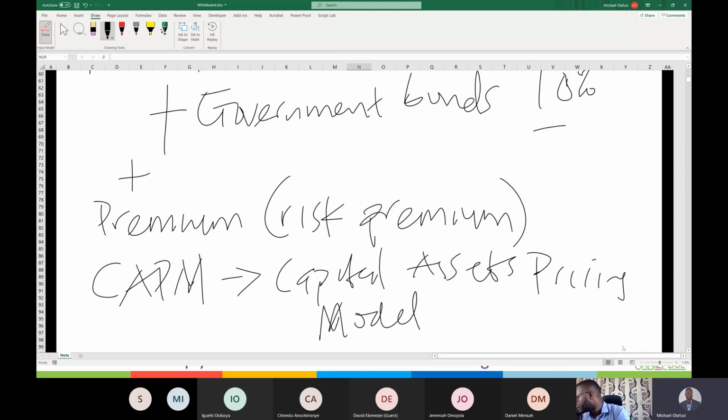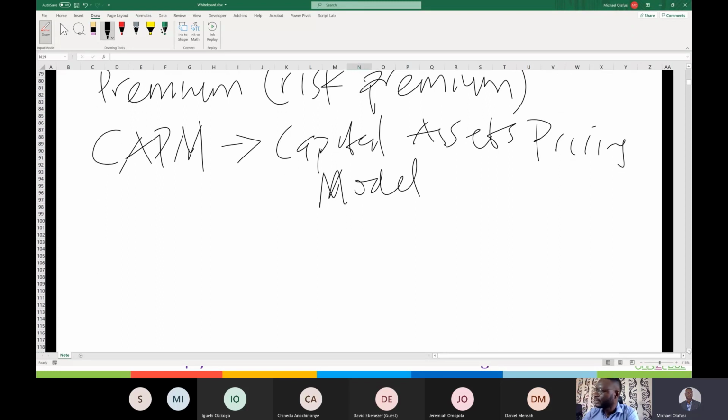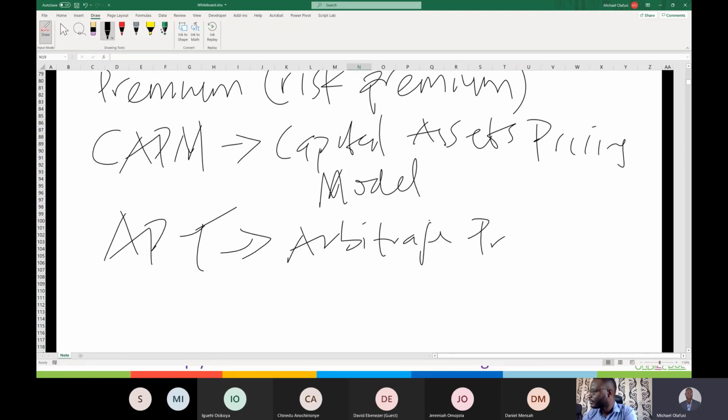There is the APT, arbitrage pricing theory.